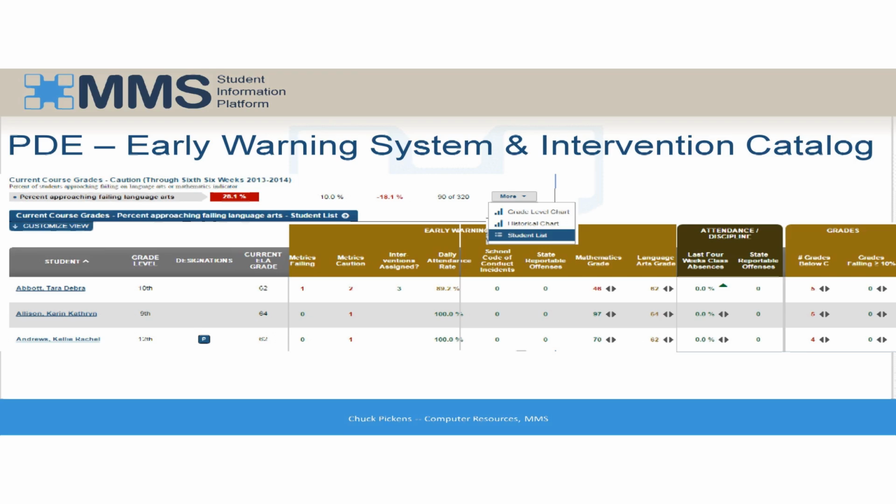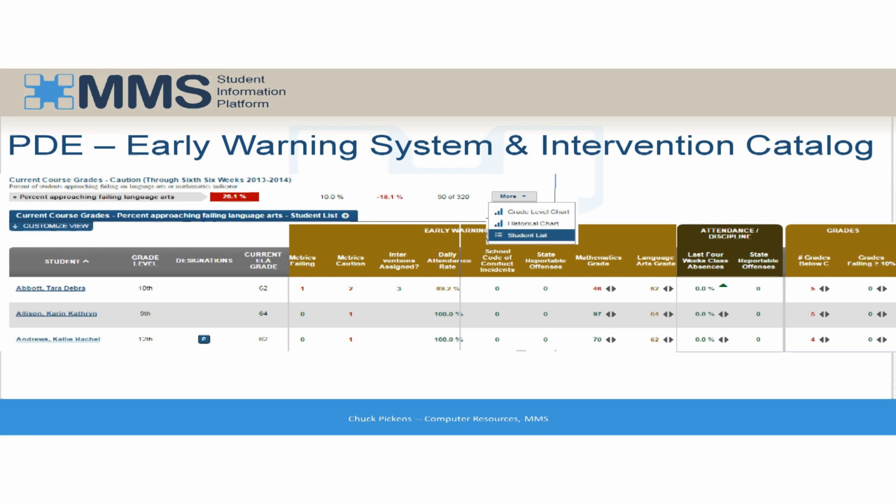Because I'm not running the live software here, I have some screenshots, so I think it's logical enough for folks to jump through. I have a section of the screen I was just looking at, and I would have clicked on that more, and you could see that I have an option for student list. And then it gives me a list of those kids that are matching this failing metric here, right?